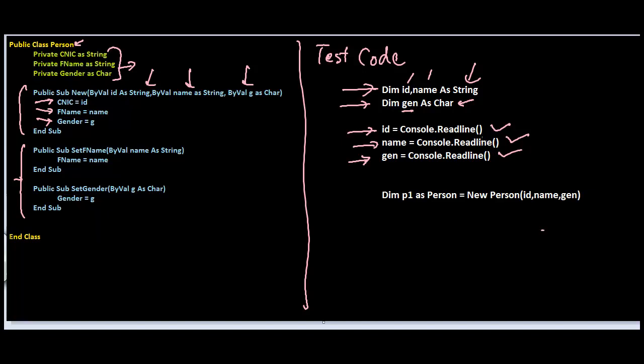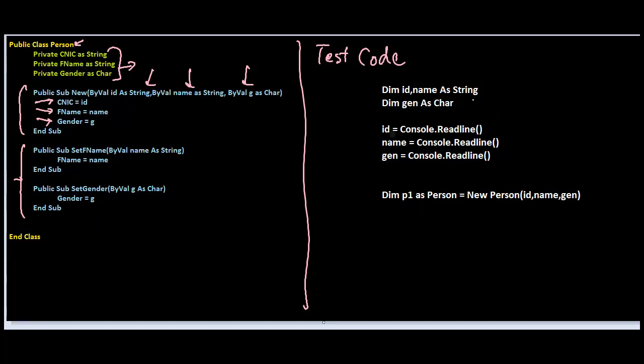So once we've taken these values from the user, we are instantiating our object p1 by calling the constructor, and these are the three parameters that we are passing to this constructor. These three parameters are basically variables that we declared here, and whose values we took from the user.